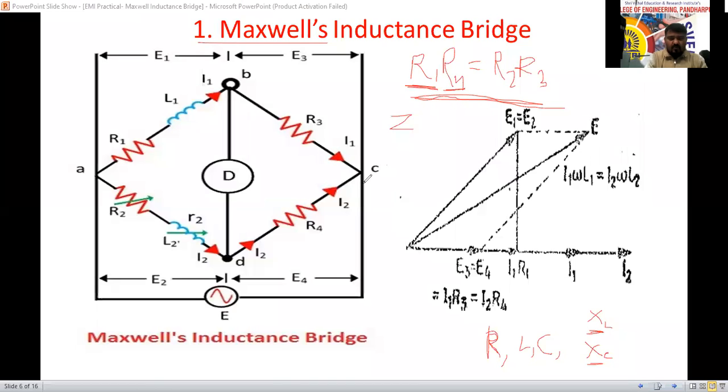You have to learn from the basic electrical engineering subject first. See here, R is resistance, L inductance, C capacitance. Actually, X is called reactance. XL is inductive reactance, and XC is capacitive reactance.